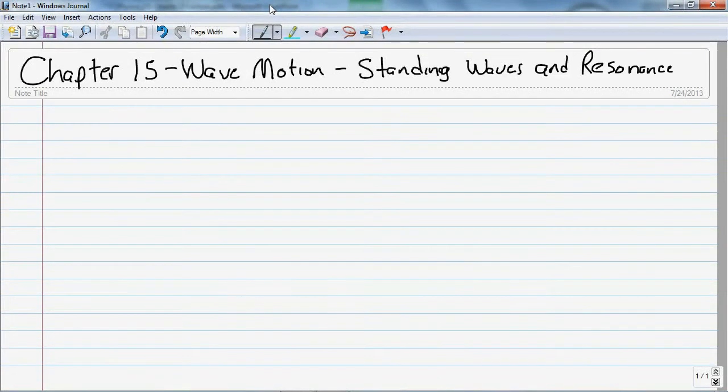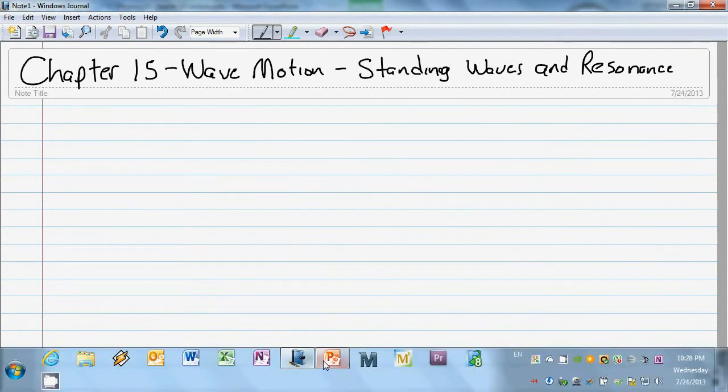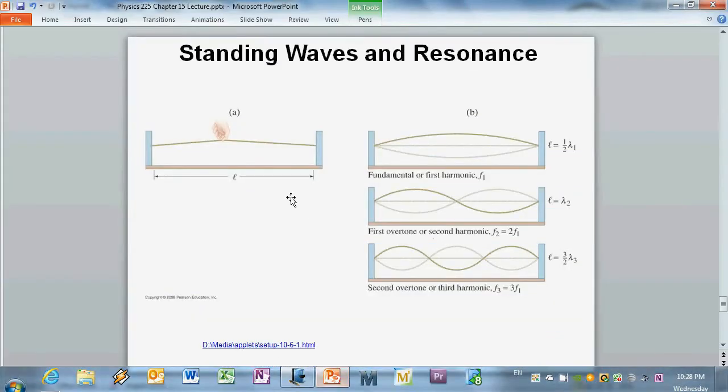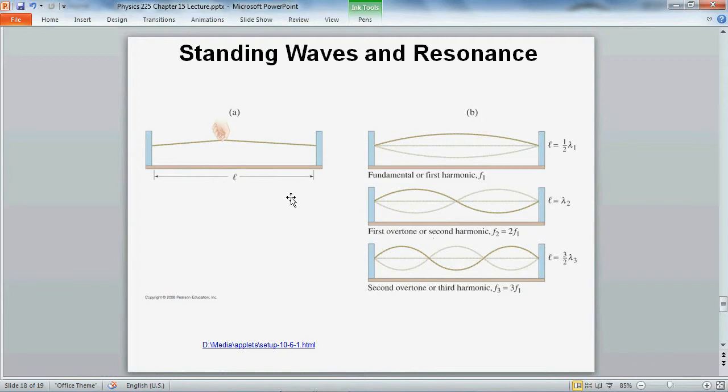This is the second part of the topic of standing waves and resonance. So just as a quick review, we talked about how we could have particular frequencies of waves that would be inside of a specific length, and how the waves would wrap around to fit inside of that length.